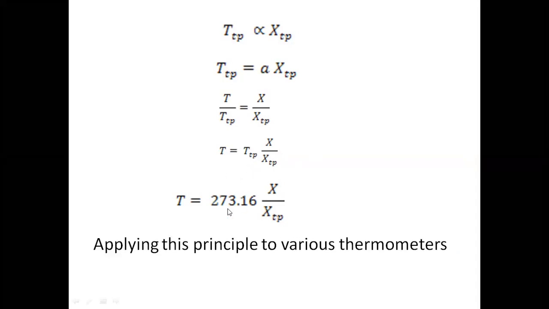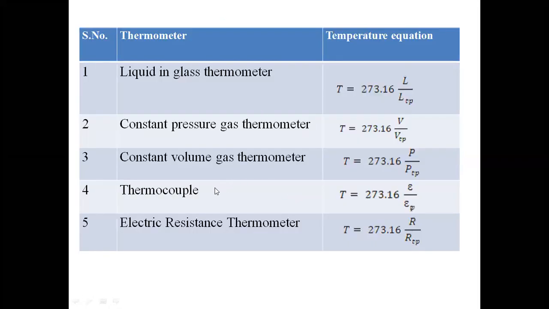But TTP is 273.16, so T equal to 273.16 into x by xTP. We have applied this equation to various thermometers. So we got T equal to 273.16 into L by LTP, 273.16 into V by VTP, 273.16 into P by PTP, 273.16 into E by ETP, 273.16 into R by RTP. Like this we got.